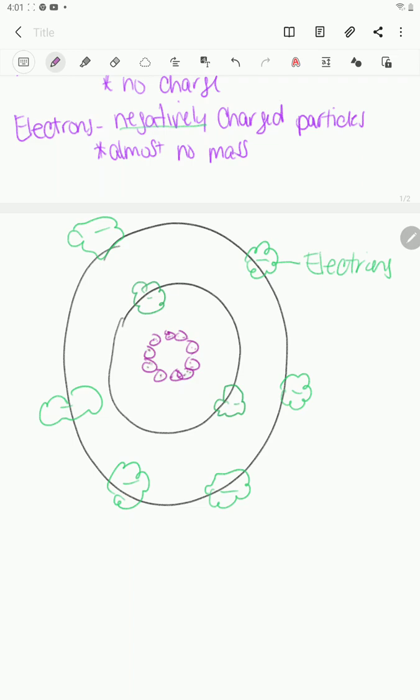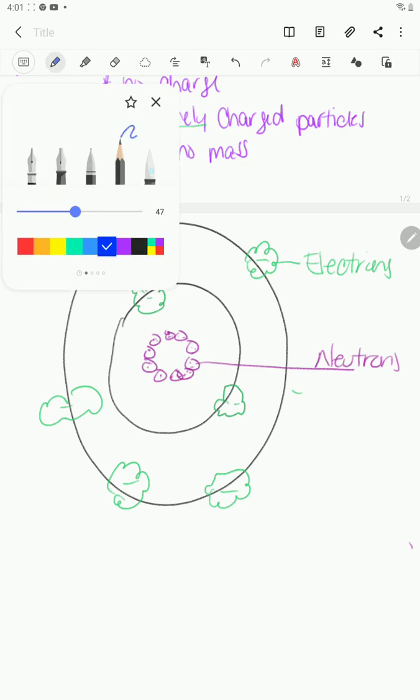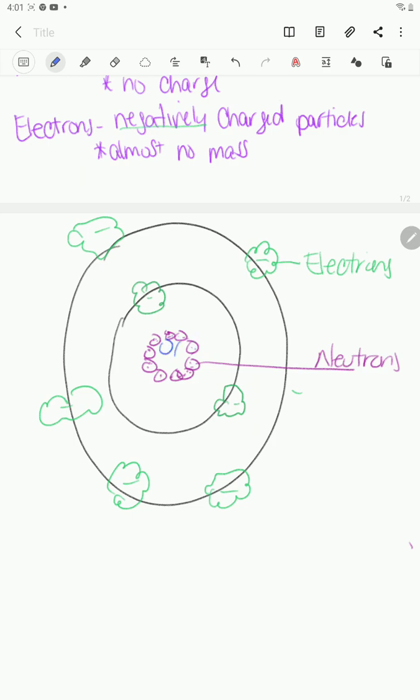Okay. Now there's no charge because there's just little dots on them, right? So these are neutrons, because remember, neutrons are neutral, right? There's no charge. And then in the center, we'll draw these that have pluses in them, right? So these would be our protons, because protons have a positive charge, right?